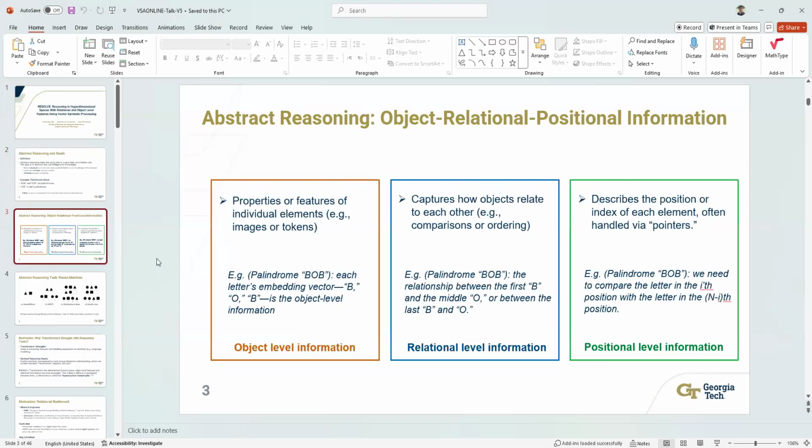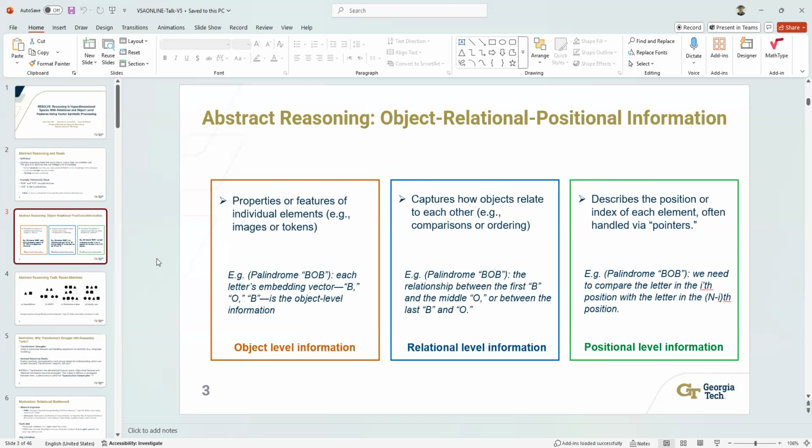In abstract reasoning, you deal with various levels of information. There's object level information. If you are dealing with images, the image itself is an object. It could be a triangle, a square, or maybe a cube. That's object level information. There's also relational level information.